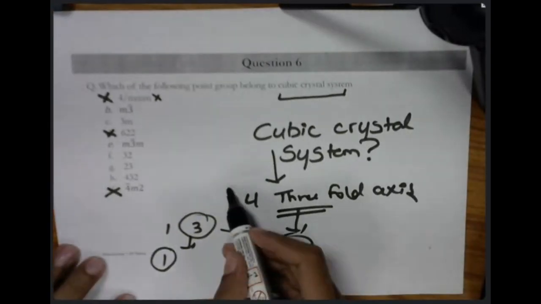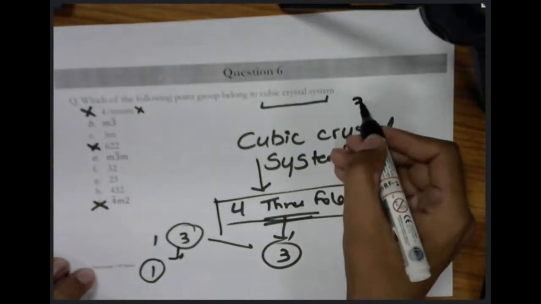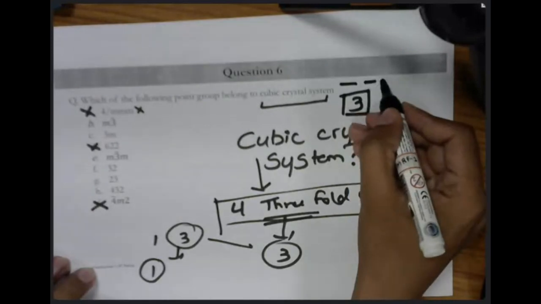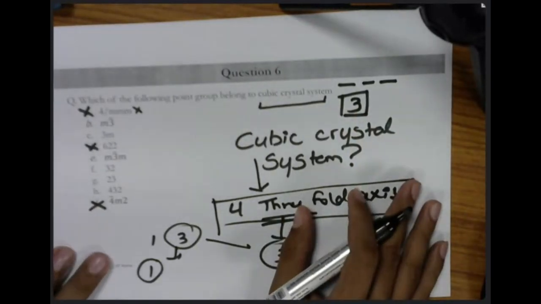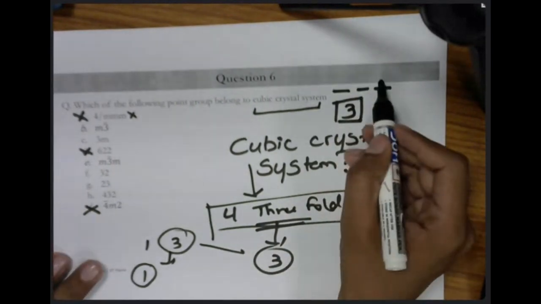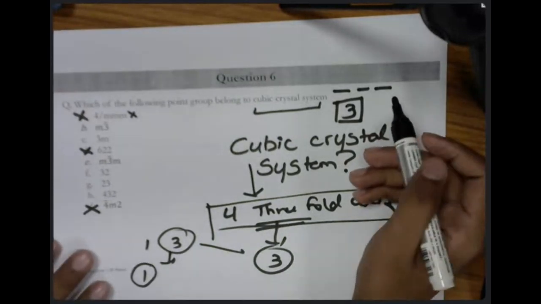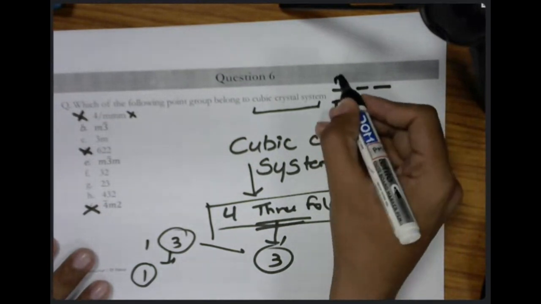For the cubic system, that 3 will always be present in the middle. That is, there is a three position. A point group is specified mostly by three positions most of the time. If the third position is not specified, it means that the last one is a trivial symmetry. So the middle position, let us say m 3 bar m.